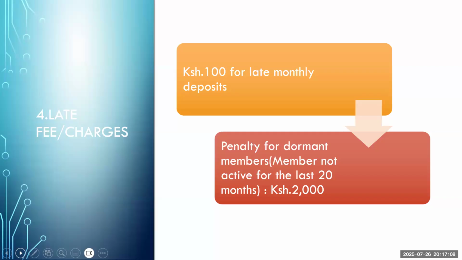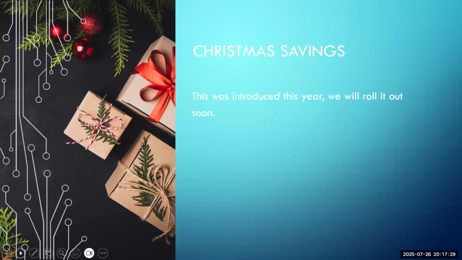For dormant members, that is a member who has not been active, not making payments, for the past 20 months, when you pay to activate your account, you'll pay a reinstatement fee of 2,000 bob. Christmas savings, this was introduced this year, but will be rolled out sooner.